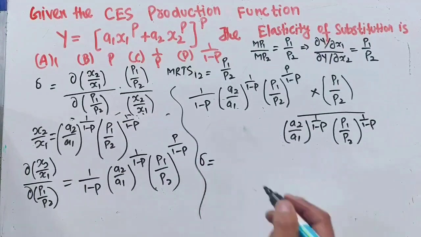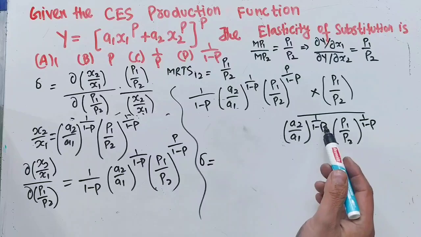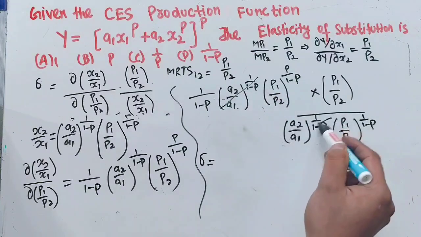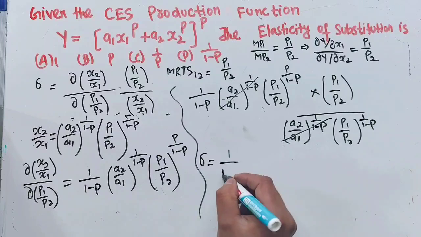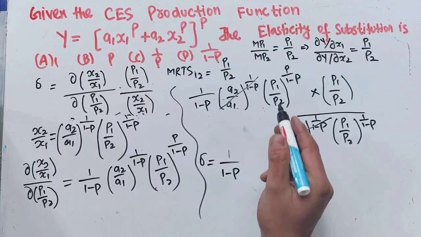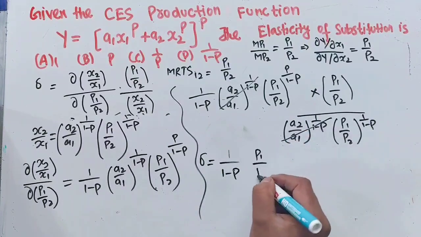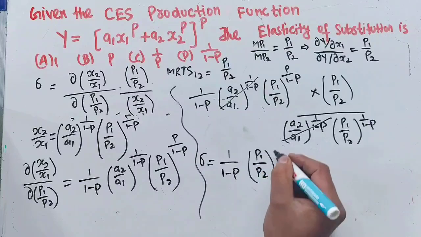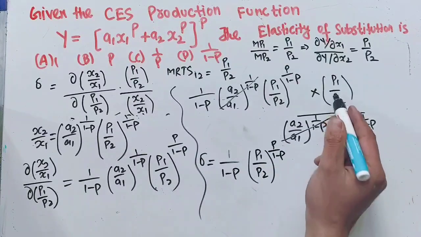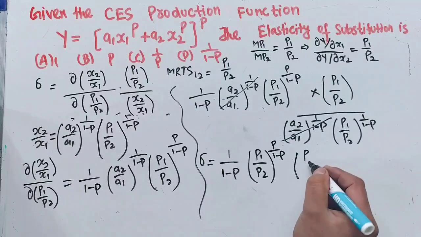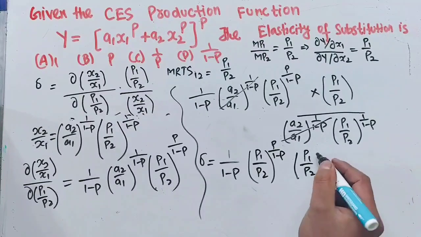So elasticity of substitution will be equal to a2 upon a1. This gets cancelled first. Then first we have 1 divided by 1 minus p. Then we have this (p1 upon p2) whole raised power p divided by 1 minus p. Then we have this term p1 upon p2.